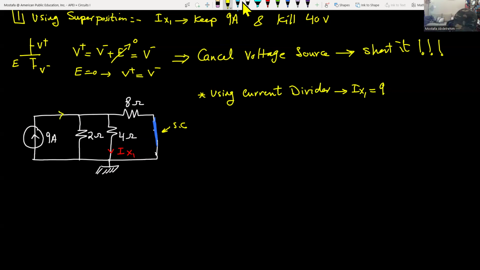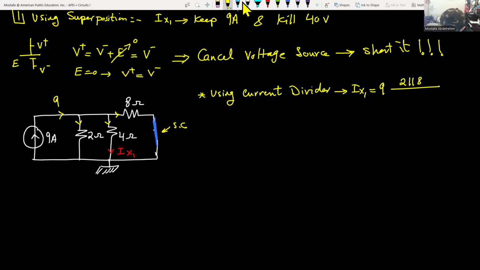The total current here is 9. The total current going in will be branched into 3 branches, and we are interested in Ix1, which is the middle branch. So Ix1 is equal to 9, multiplied by the 2 other resistances, which is 2 parallel with 8.